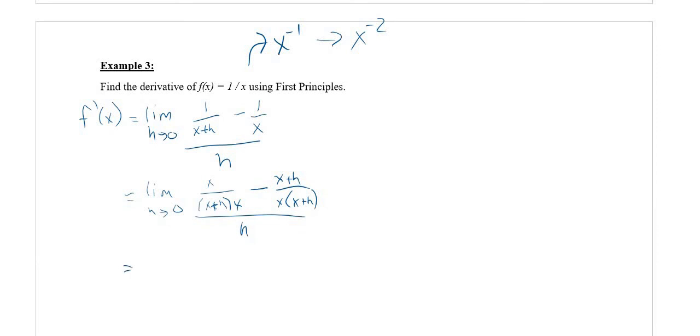And now that we have the denominator for both as x times x plus h, we can combine those two fractions. Don't forget your limit definition. So that's going to be x minus x plus h all over x times x plus h, and then all over h.